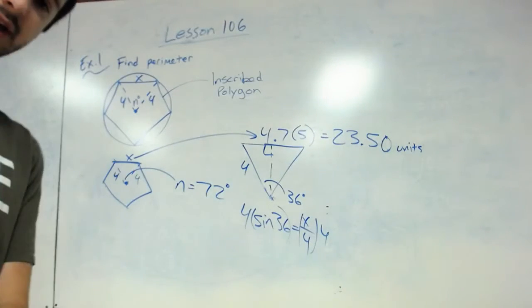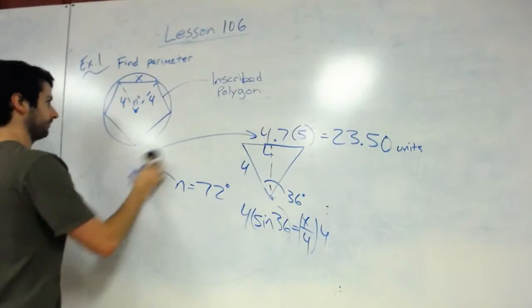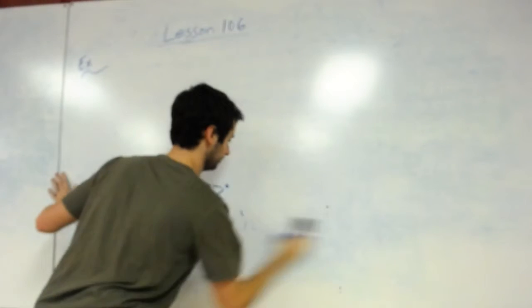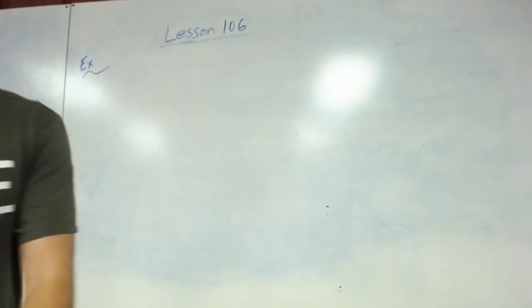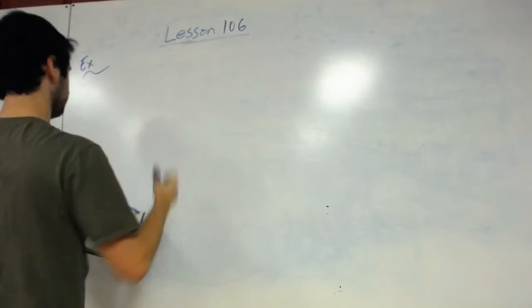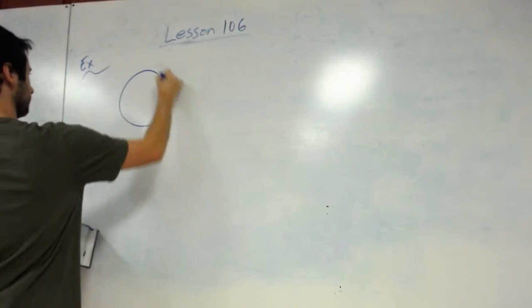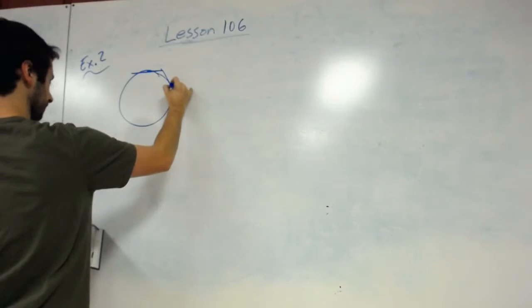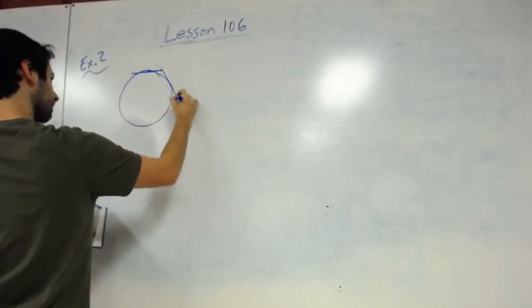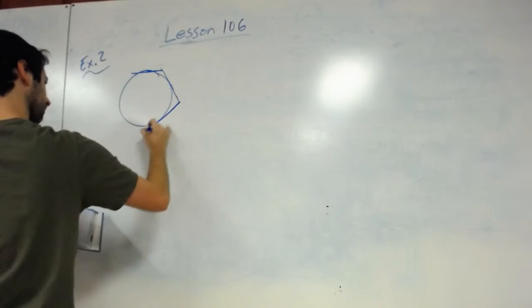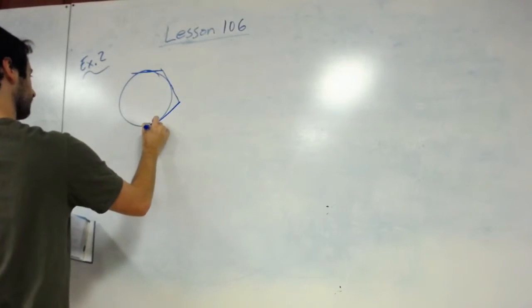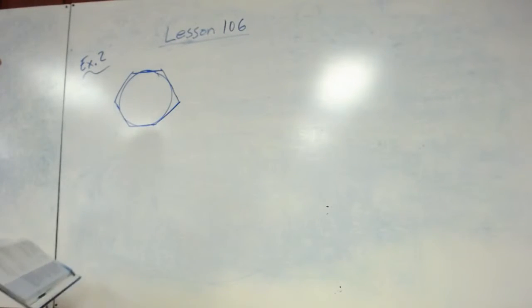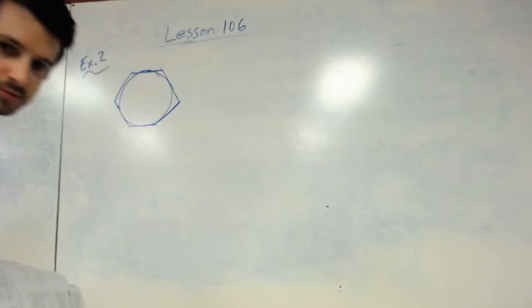So now let's look at a circumscribed polygon. In example 2, I'll try to draw this as best as I can. It gives us a circumscribed hexagon.